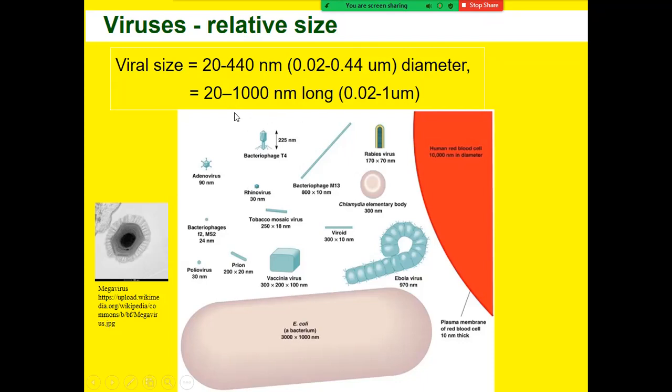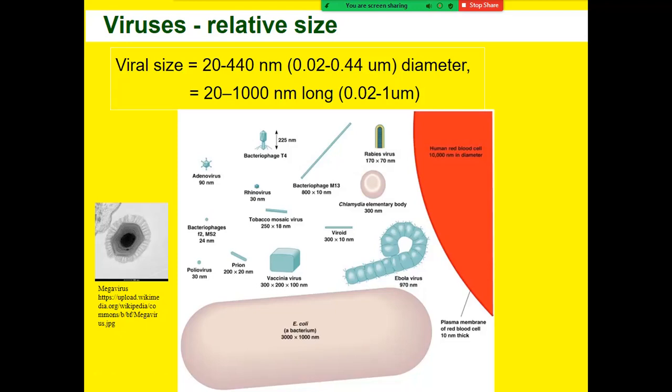If you go with their length, it's 20 nanometers long to nearly 1,000 nanometers long. That would be 1 micrometer long. And that's Ebola, the very longest virus. But it's not the biggest virus because it's so narrow.